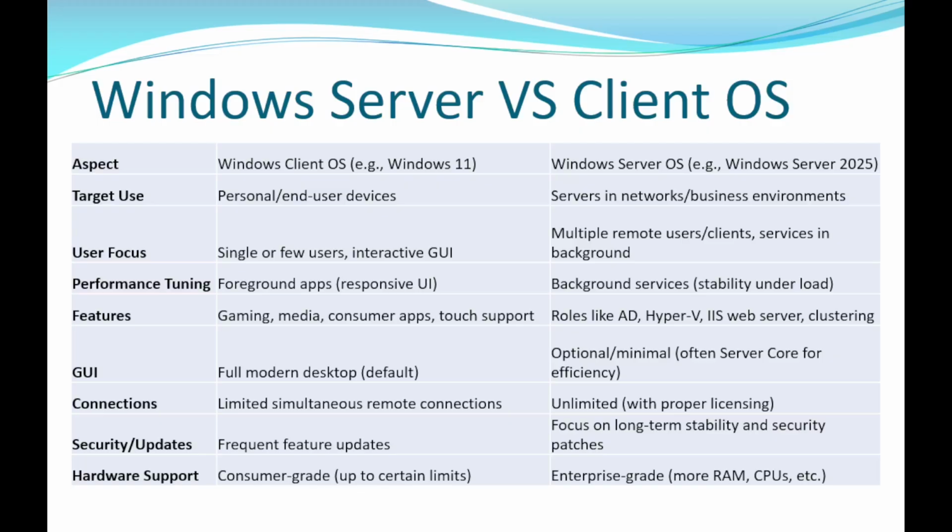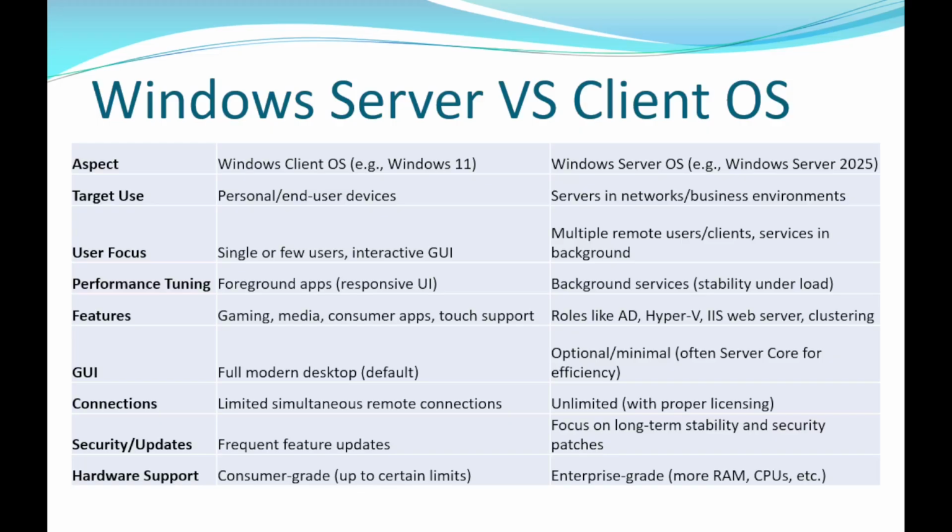This is a modern desktop edition. We can have a desktop edition for server, and we can also have a Core edition. Core means it runs in a completely non-GUI mode.